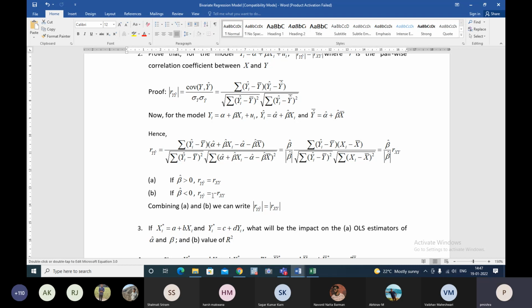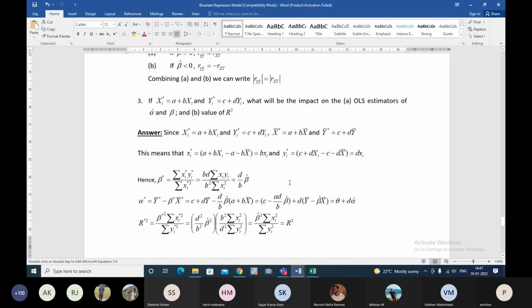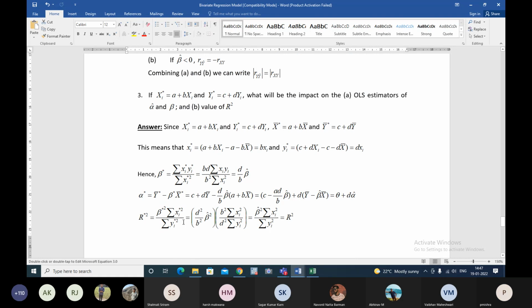The third important aspect is how the regression results may change if we change the origin and scale of the variables. So let us change the origin and scale of x by a and b respectively.